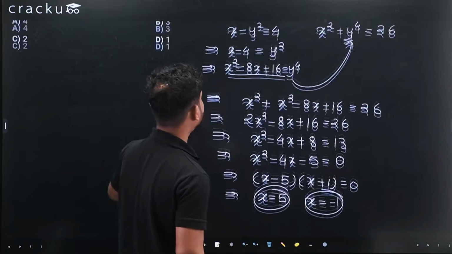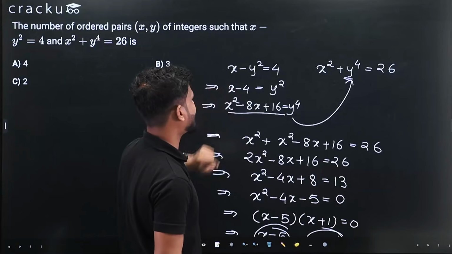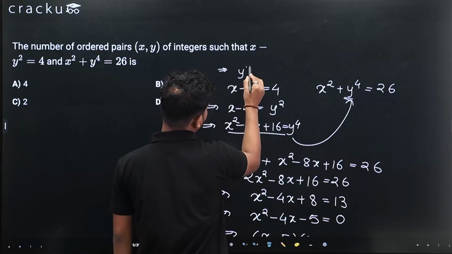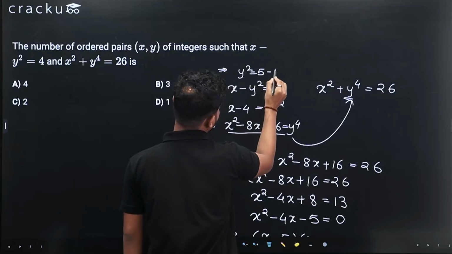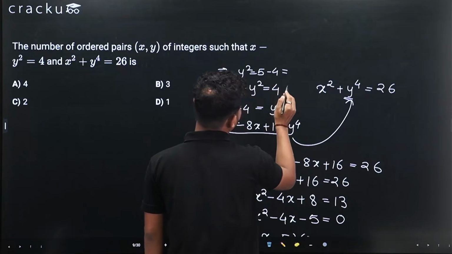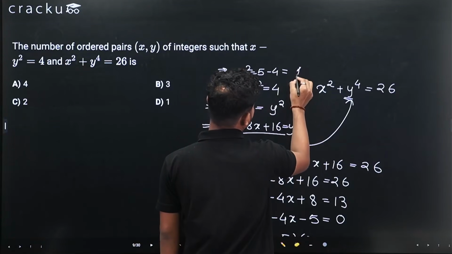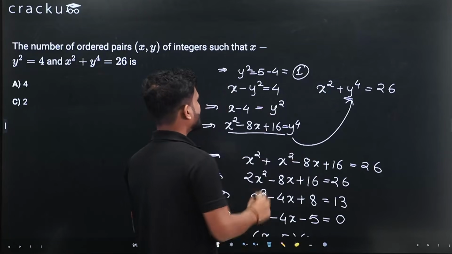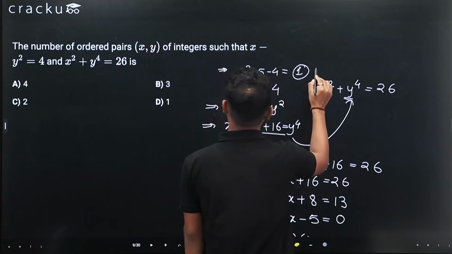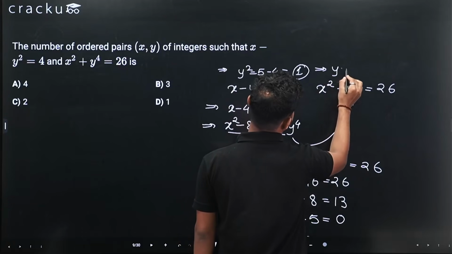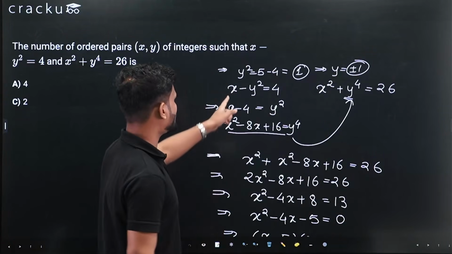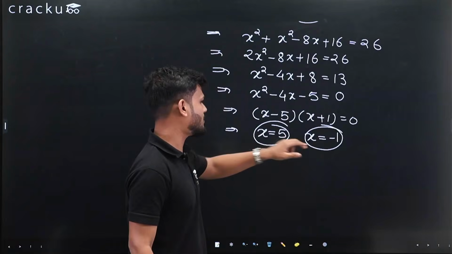Correct? Now what do you know? If you put x equal to 5 here, you will get y square equal to 5 minus 4, which is 1. So y square will be 1. Now if y square is 1, you will get y is equal to plus or minus 1.